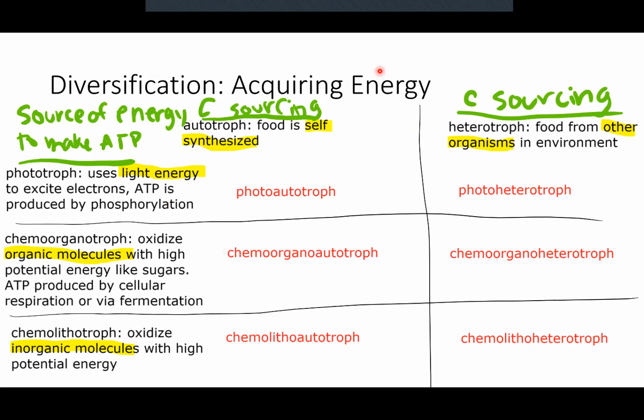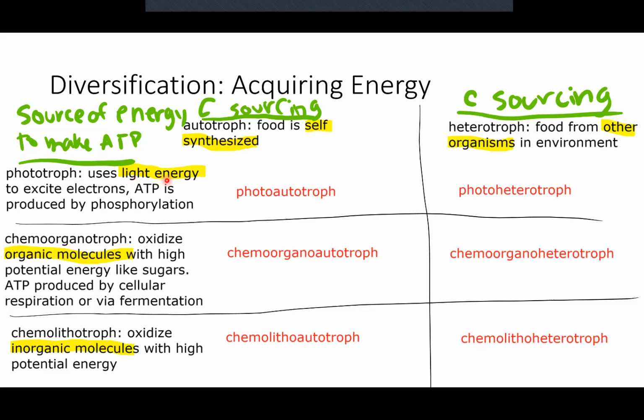There's different ways that they can acquire energy. So we broke it down by how they got their building blocks, their sources of carbon. They can be autotrophs, where they make their own food. They can be heterotrophs, where they have to get food from other organisms in the environment. They can also be mixotrophs, which is a combination of the two. Then there's different ways they can source their energy to make ATP.